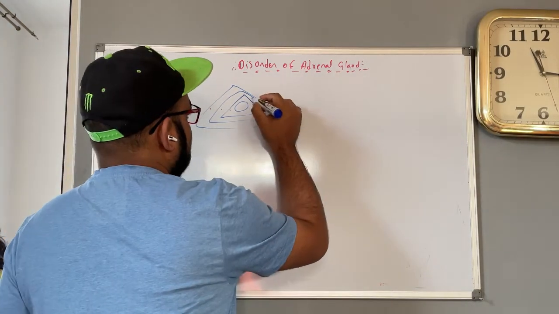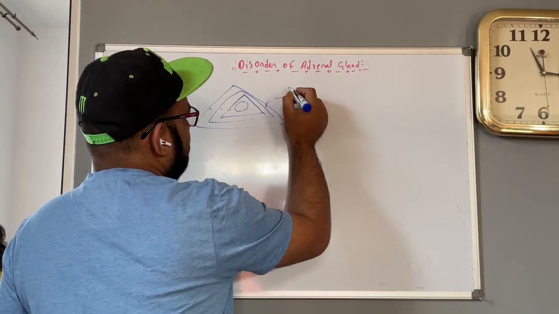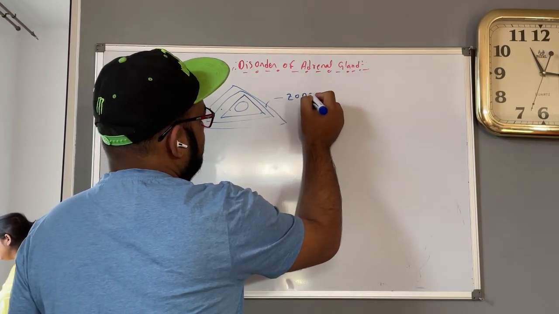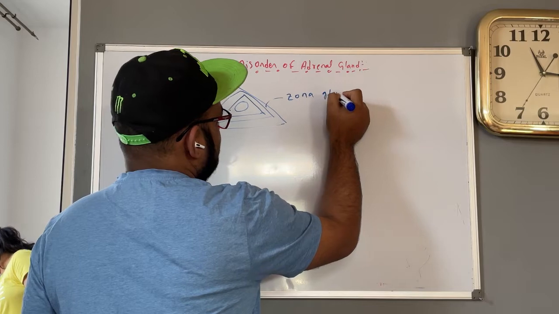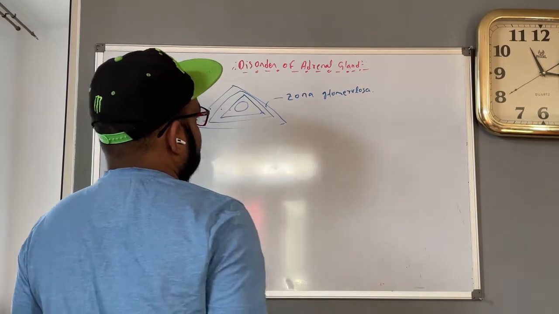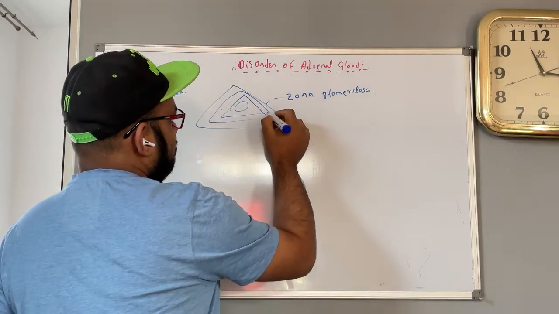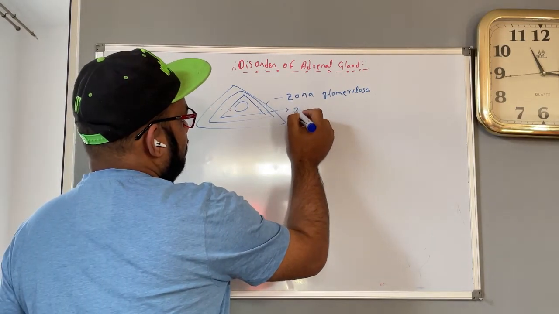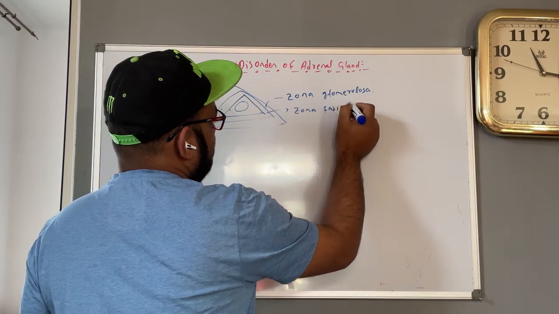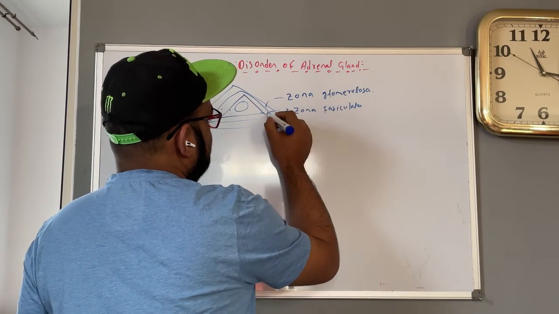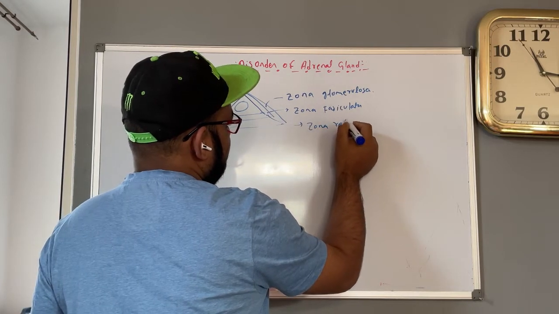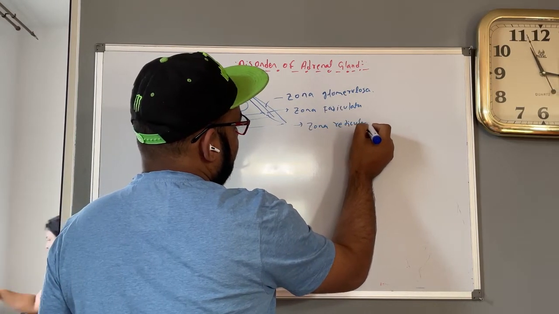Just for understanding purposes, the first layer of the adrenal cortex, as you know from basic anatomy, is known as the zona glomerulosa. The second layer is the zona fasciculata, and the third layer is nothing but the zona reticularis.